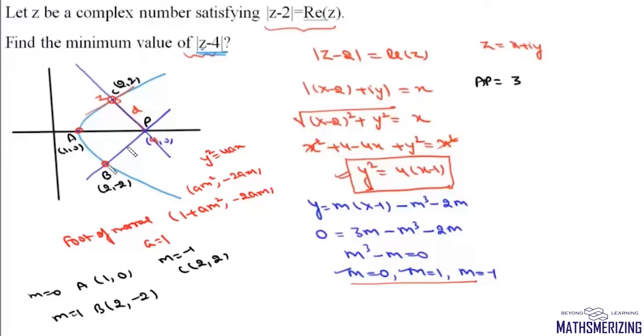And from symmetry we can say that BP must be equal to CP, and this value will be under root of 2² + 2², and that should be 2√2. So the minimum value of |z - 4| will be simply 2√2, and that is the answer to this question.